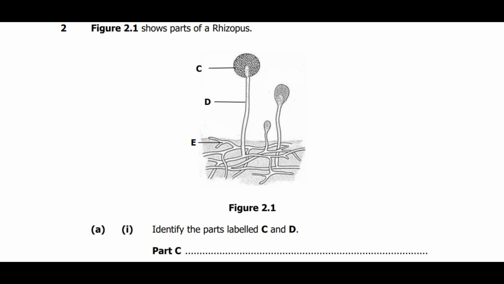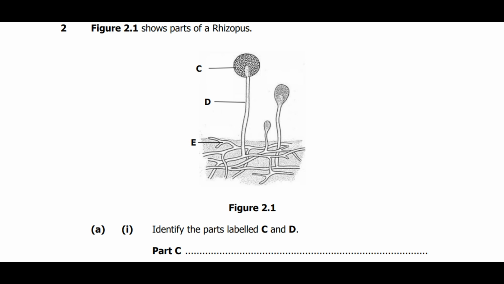I'm sure you may have seen a rhizopus without knowing. For example, if bread is kept in a place with high temperature, after some time you'll see greenish stuff. That is what we refer to as a rhizopus.